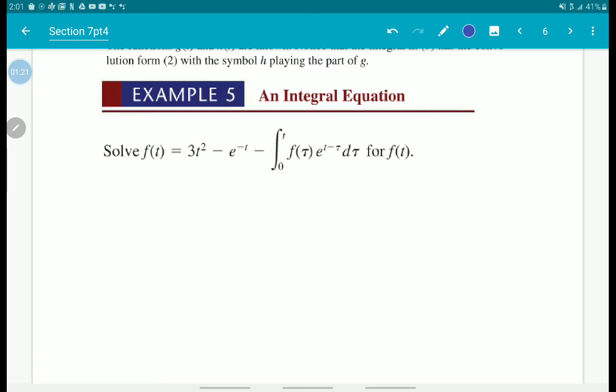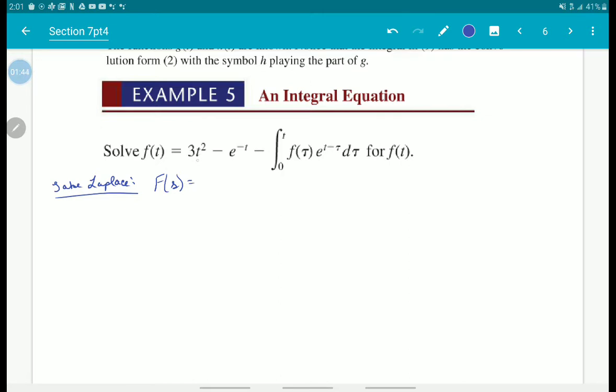Let's say we have this, and we want to solve. Your first step is always going to be to take the Laplace. So if we were to take the Laplace here, the Laplace of f of t is going to be capital F of s.